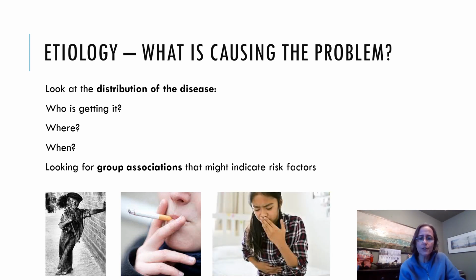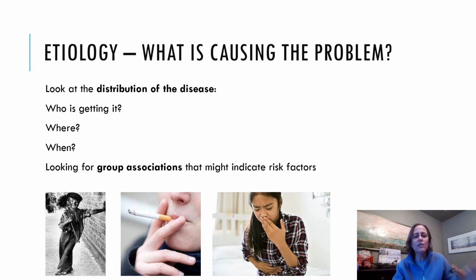We're also going to look for group associations if there's an episode of suspected food poisoning, right? So every now and then there'll be an outbreak associated with bagged salads or some other product, right? So they're looking at, okay, who got sick, who didn't, what's something that all the people that got sick have in common or were more likely to have had in their history, right?